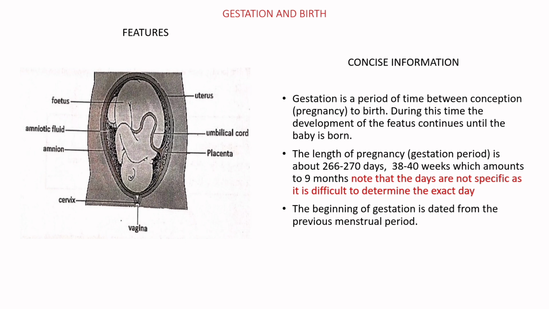So when a woman just stops menstruating, that woman should now know that she is pregnant, and she is under the gestation period. There will be a time where she will give birth. The time of conception, pregnancy, and birth is called the gestation period. Then you are done.